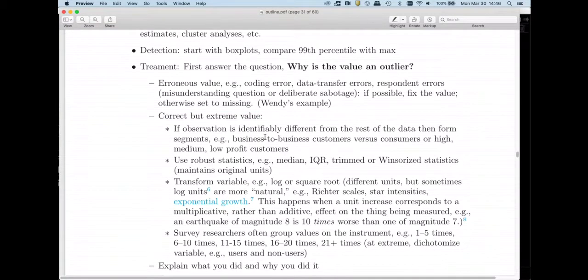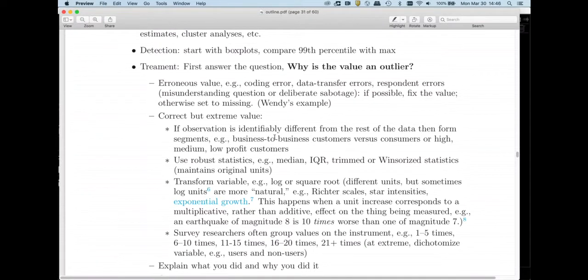Sometimes the observations are just from different populations. So I give an example of a company that sells things to consumers as well as to businesses. And the businesses tend to place really big orders. The consumers place small orders. And the businesses are few. The business customers are few in number, and therefore they look like outliers.